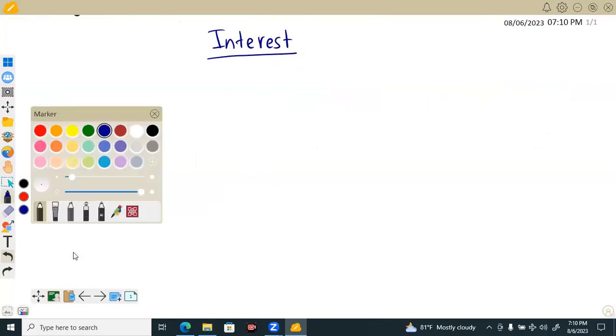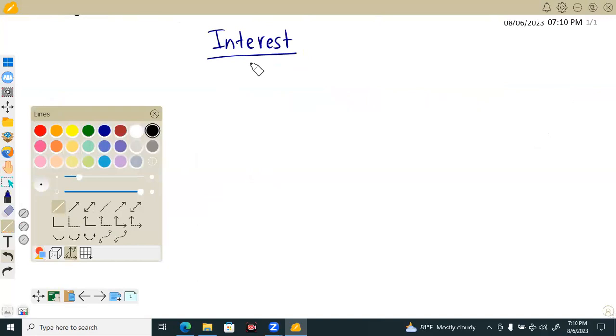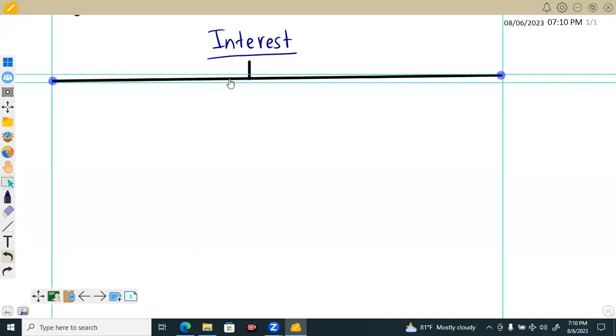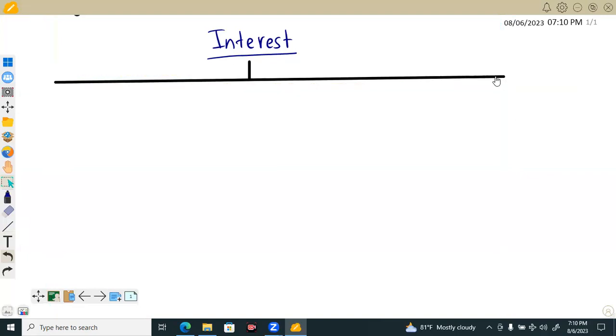Okay, let's move to the types of interest. What are the types of interest we have to learn? First type of interest is simple interest.